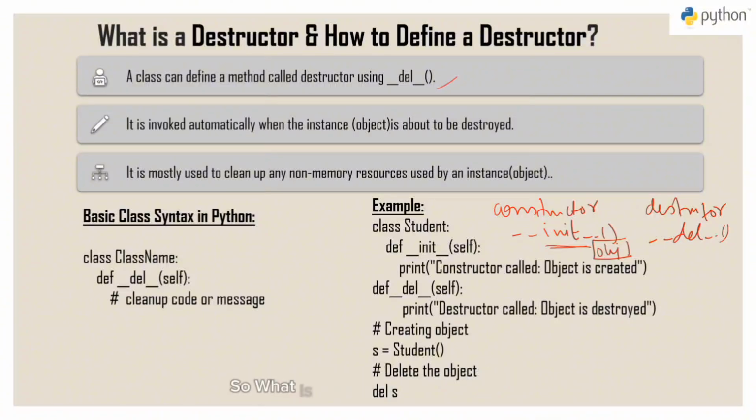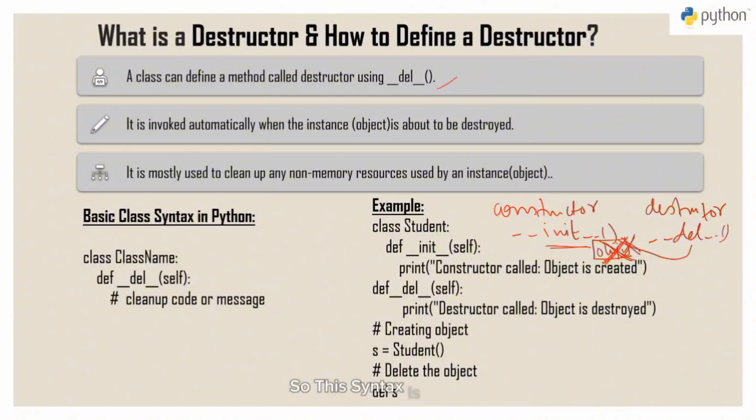The use of the destructor is, when this object is no longer required, the destructor will destroy this object. Destroying the object means it will free the memory space which was allocated for that particular object using the constructor. That is the only use of a destructor, to free up the memory space.